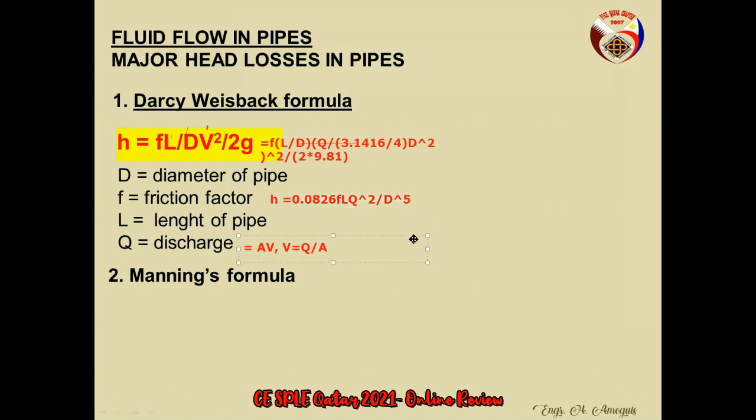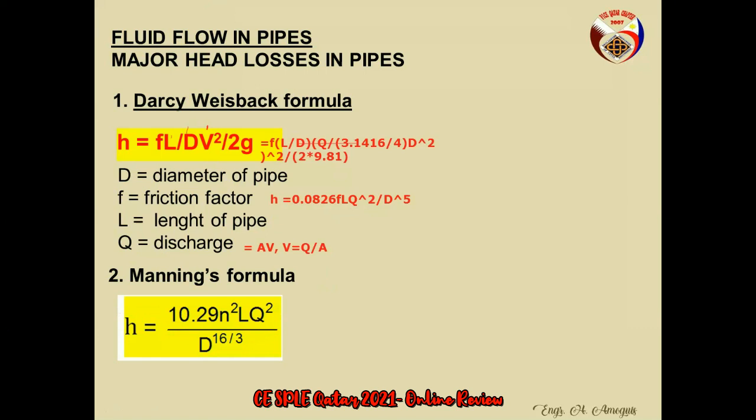The 16 is for Manning's. Actually, what I highlighted is just the generic equation. The reason is that you can derive this 0.0826. It comes from the generic F L over D, V squared over 2g, so you can play with the units. When this is in meters, the H, the L, and the Q are all in meters. This is the 10.29 Manning's formula, which is also the most famous one in open channel. Manning's formula: 10.29 N L Q squared over D to the 16 over 3.